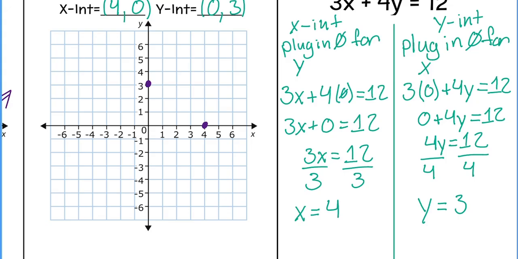And then I'm going to do my very best to draw a straight line between the two of them. And arrows on the end of my lines.